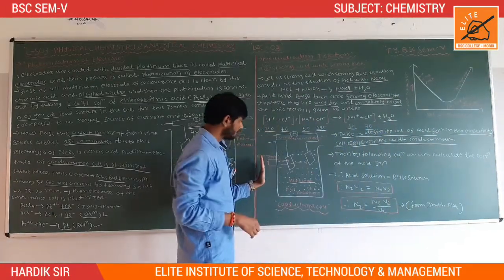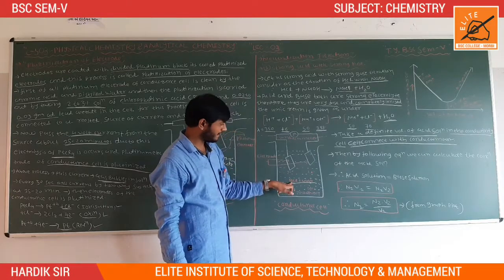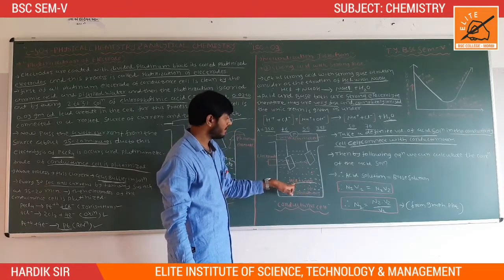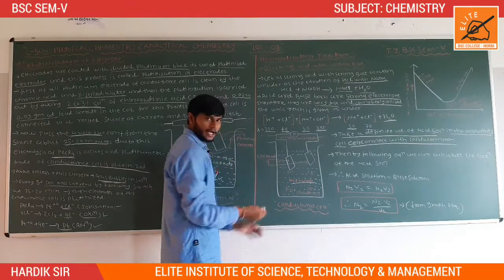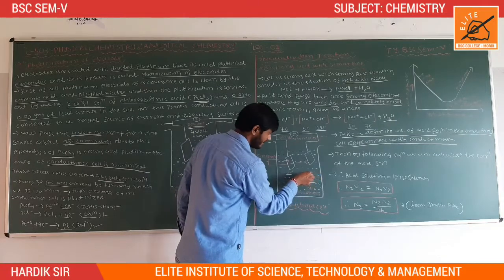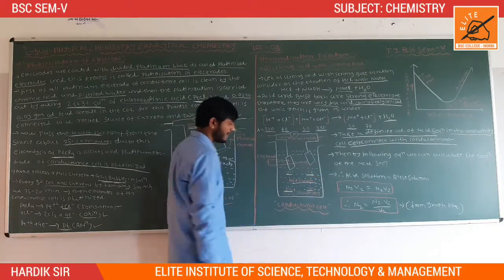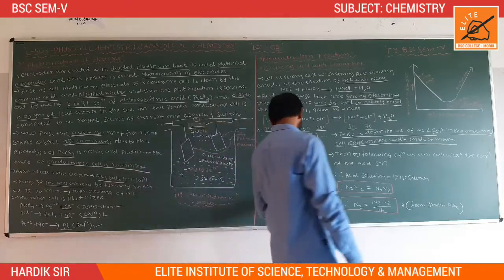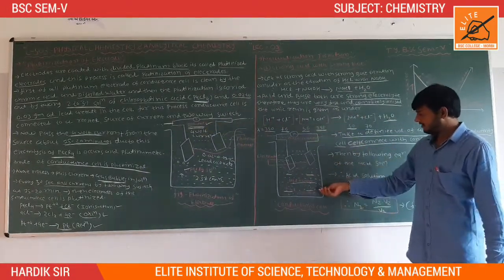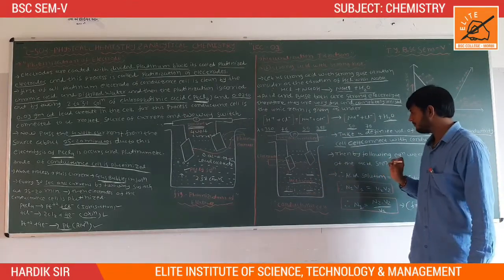Now in the conductance cell, there is a solution of hydrochloric acid, a strong acid, and NaOH, sodium hydroxide, a strong base. There will be an ionization process, and the mobile ions H+, Cl-, Na+ and OH- will move in the solution, which is connected to the conductometer.